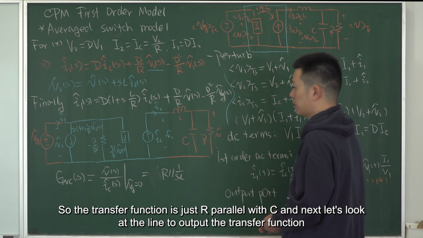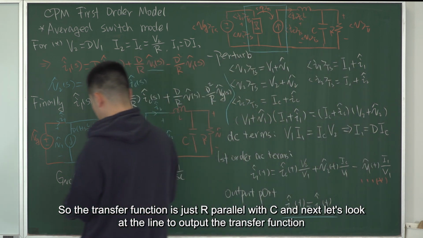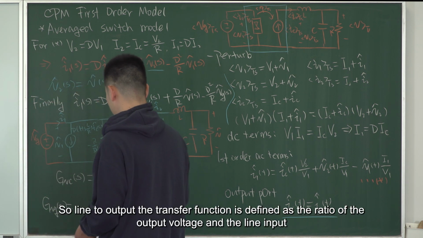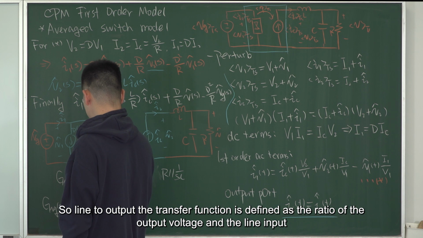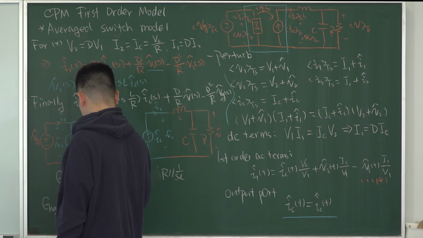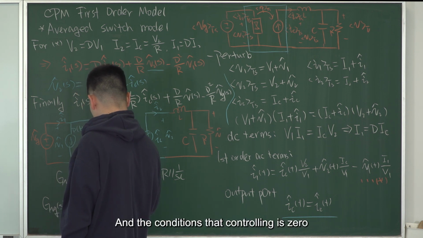And next, let's look at the line to output transfer function. The line to output transfer function is defined as the ratio of the output voltage and the line input under the condition that the controlling input is 0.